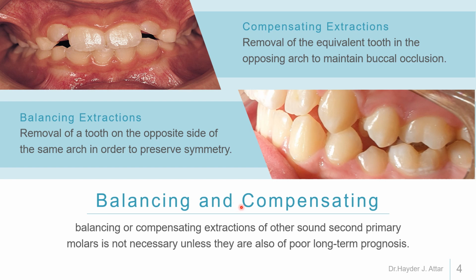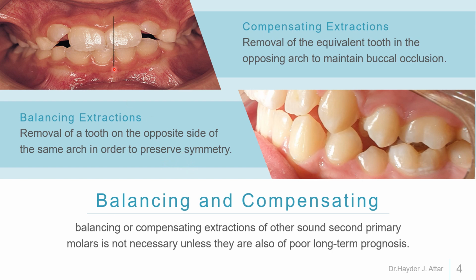Compensation extraction: there is a difference between balancing and compensation. Balancing extraction is defined as the removal of the tooth on the opposite side of the same arch to preserve the symmetry in the arch.